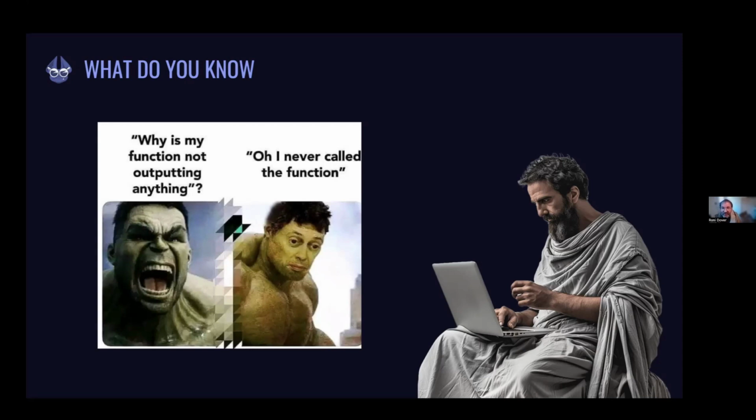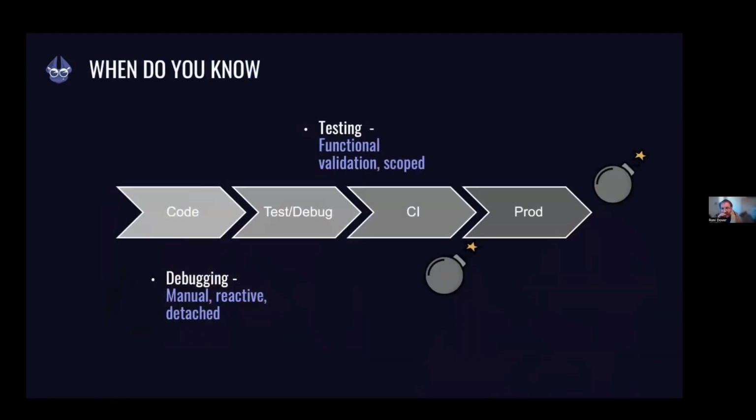You might say that it's as soon as possible. Sometimes some things you could know even before they're in late CI or production. So if you think about the when question, we can think about the different tools that we have available for us to understand things about our code.